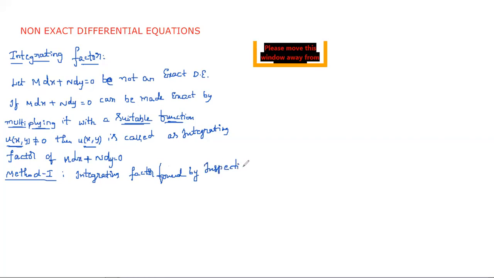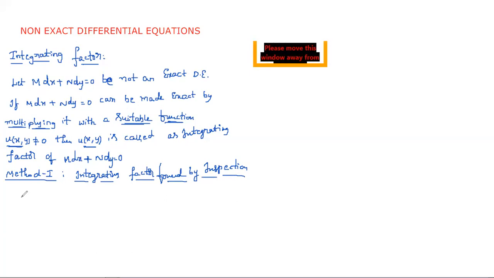In other words, we can say the inspection method. Here we use different formulas. If the given problem is in the form of those formulas' notation, we can apply this method. They don't mention specifically to use the inspection method.